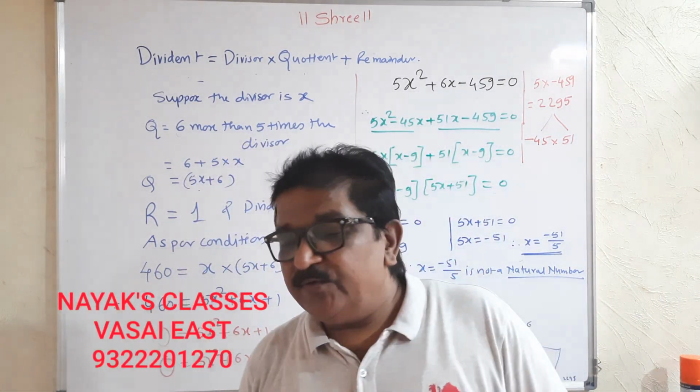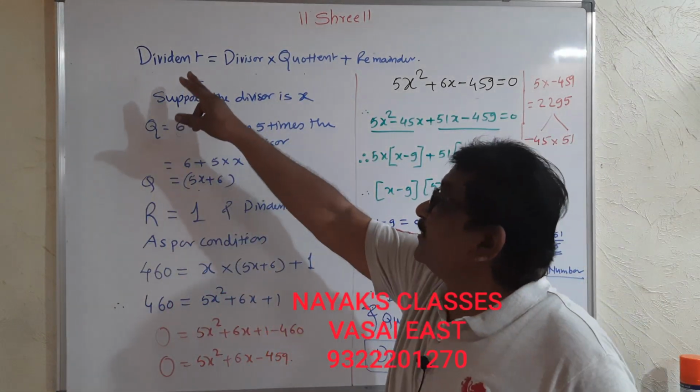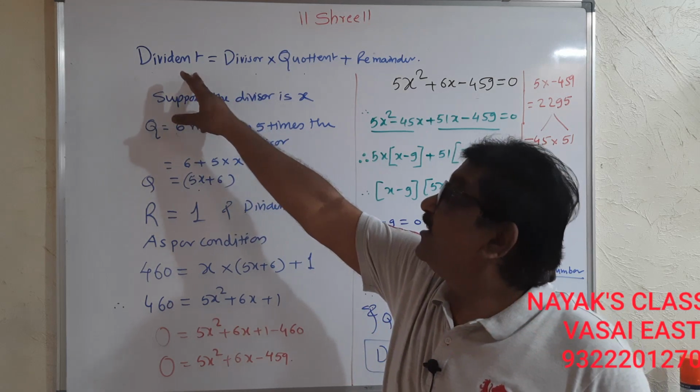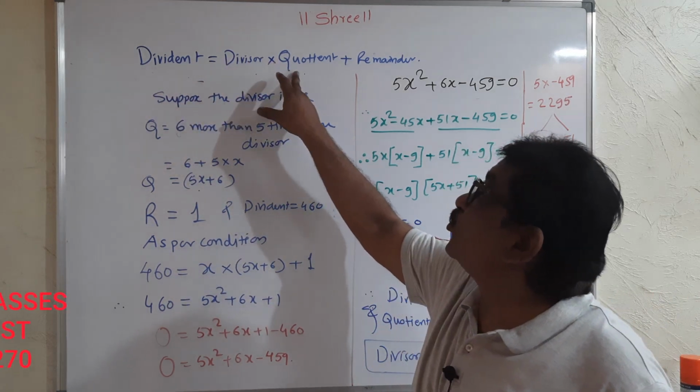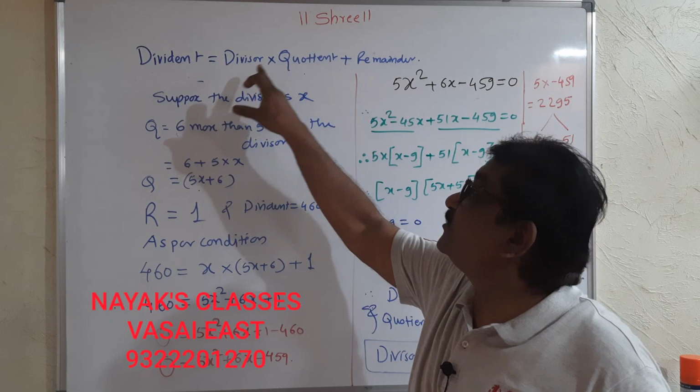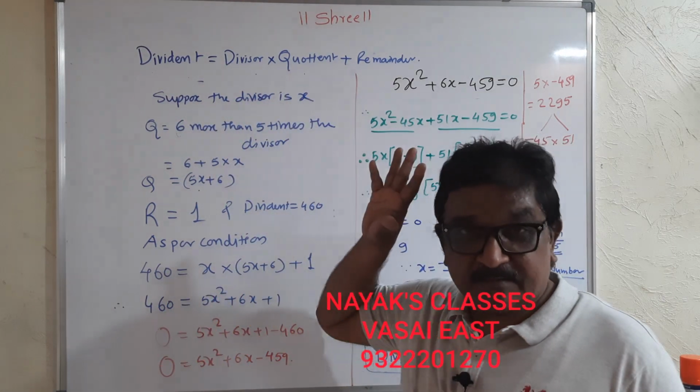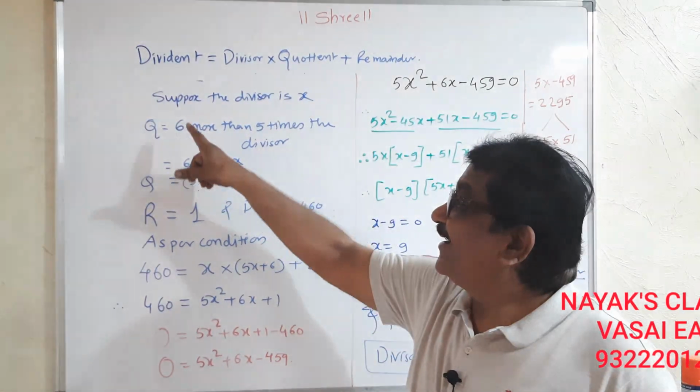Once again I am explaining to you. You must know these things. Dividend is equal to divisor into quotient plus remainder. Correct?